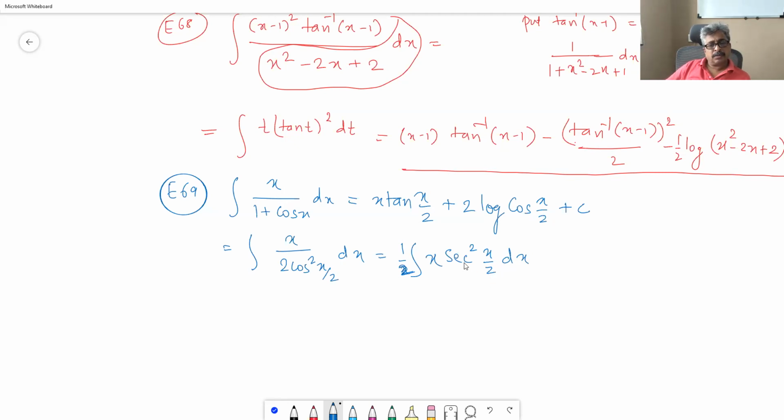Now what do we do? Integration by parts, which will be equal to 1/2 inside bracket x tan x by 2 into 2, correct.